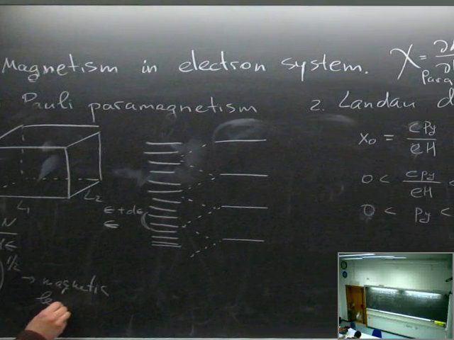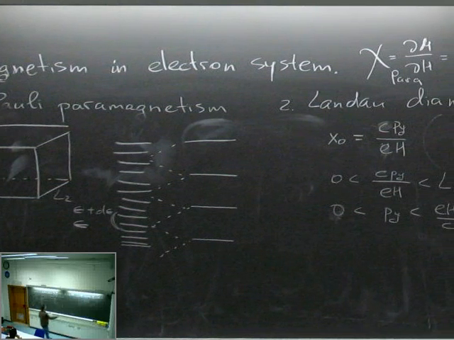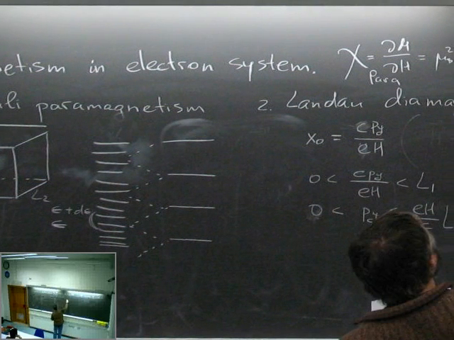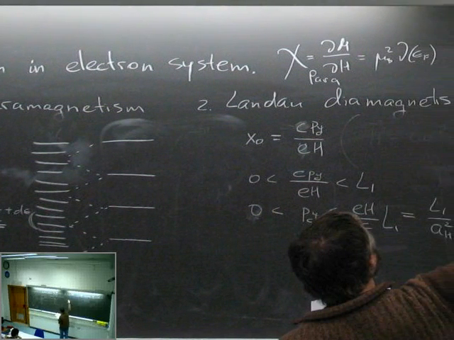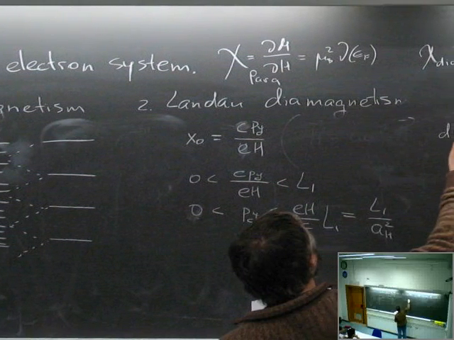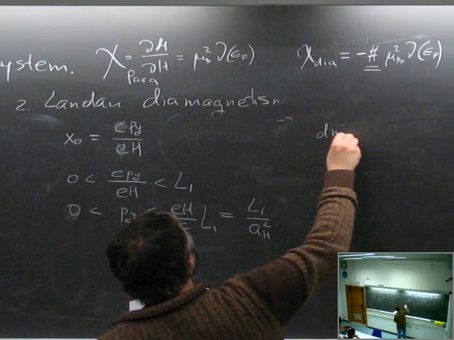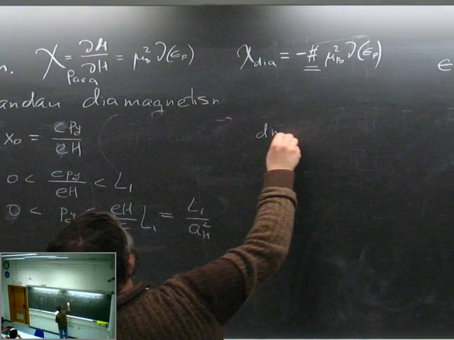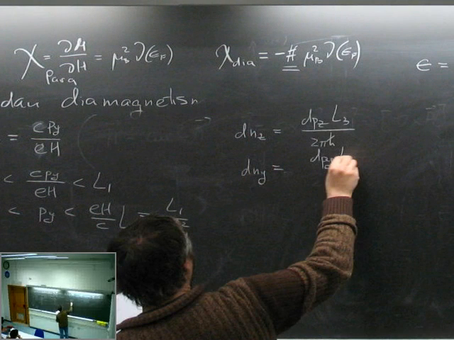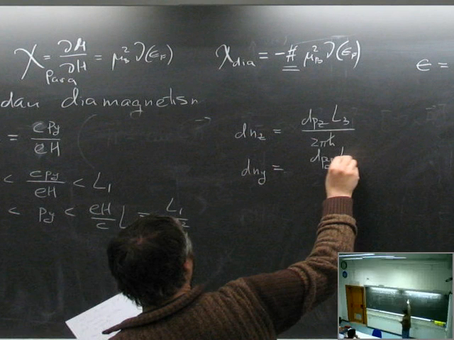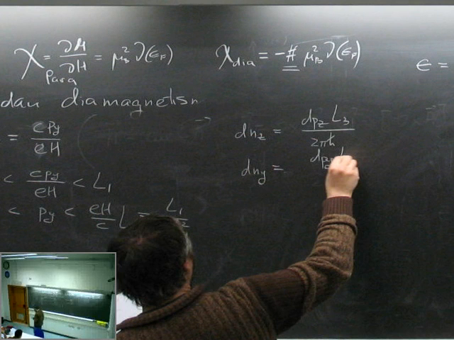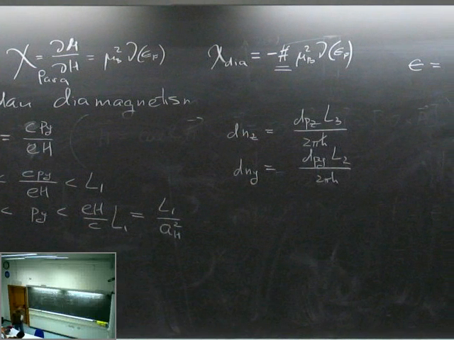Okay, and then I may say that dNz is actually dPz L3 over 2 pi h, and dNy is equal to dPy L2 over 2 pi h. You remember these two variables led to exponents, and the quantization occurred in the x direction when I derived the Schrödinger equation.